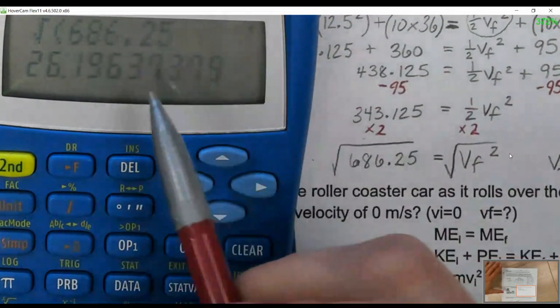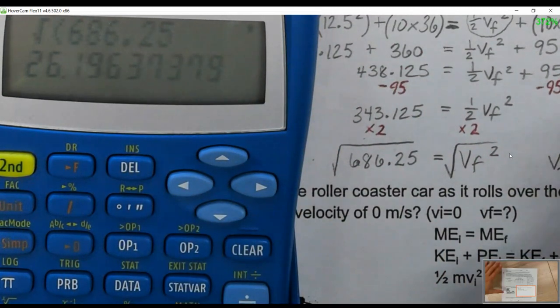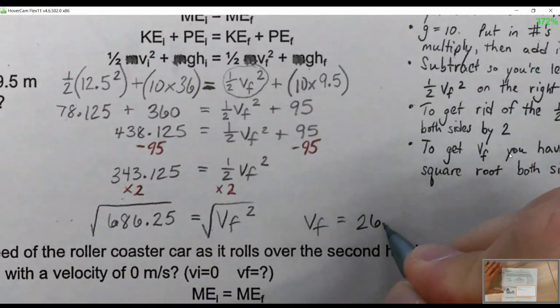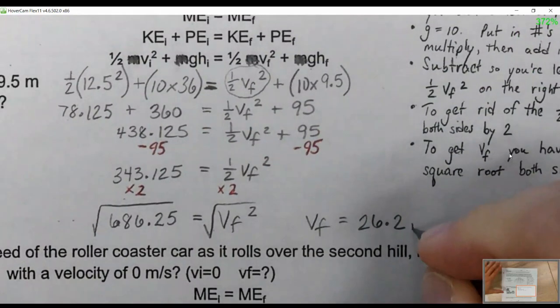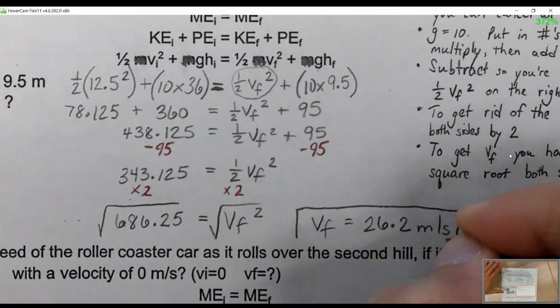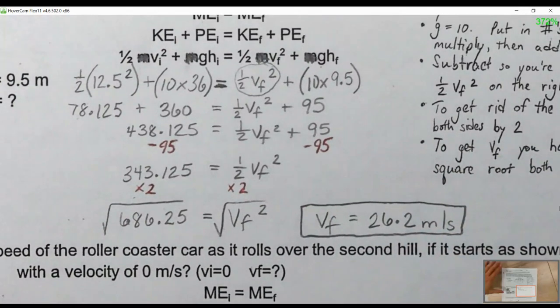If we round to 2 decimals, the 6 is going to bump it up anyway, so we're going to write 26.2. And the unit for velocity is meters per second. And that will be how you solve the next problem as well.